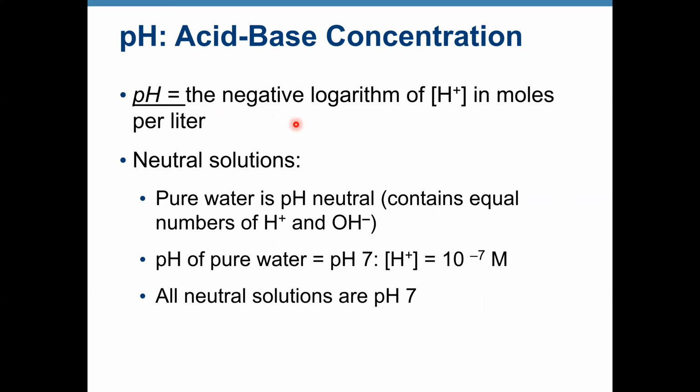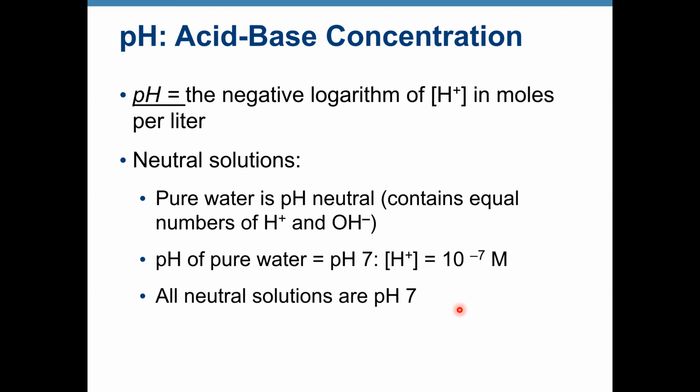So let's look at it. Neutral solution. Pure water pH is neutral. So we represent this as pH 7, right? pH 7 means it has 10 to the minus 7 power moles concentration of hydrogen ions in 1 liter of solution.